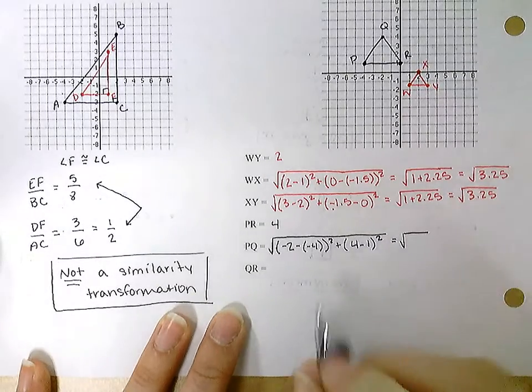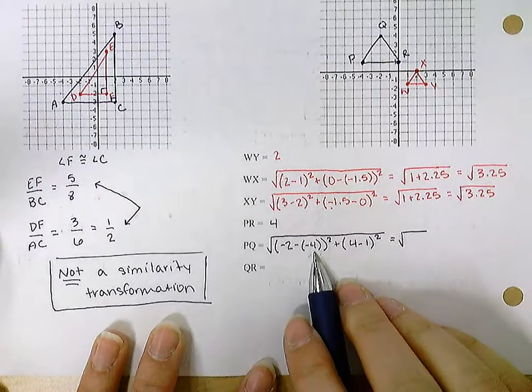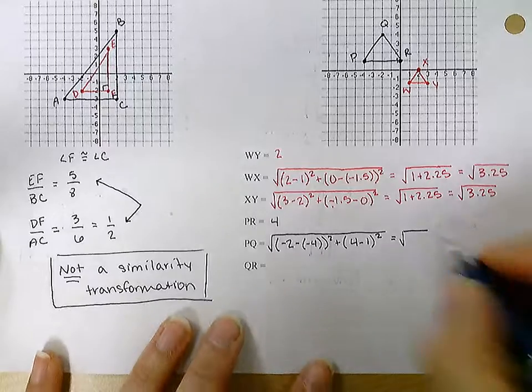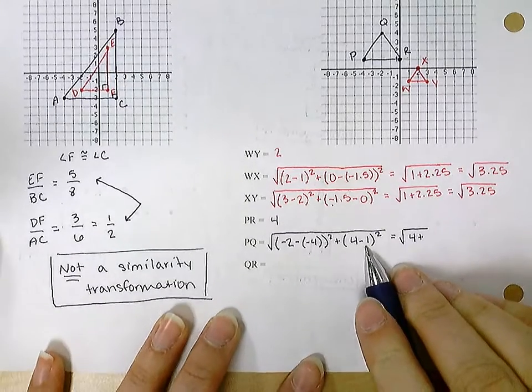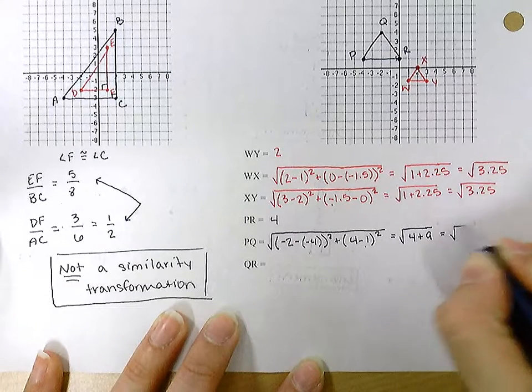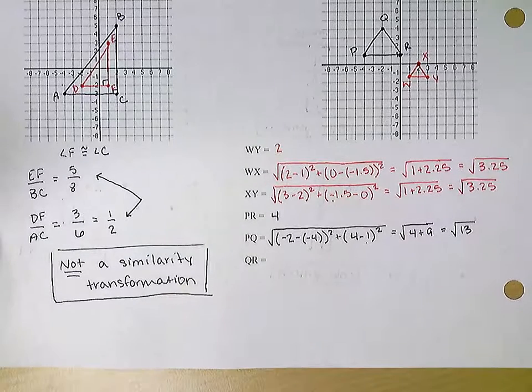We're just going to simplify. So I have negative 2 minus negative 4. So that'll be 2. 2 squared is 4. 4 minus 1 is 3. 3 squared is 9. So square root of 13. And again, I'm just going to leave it like that.